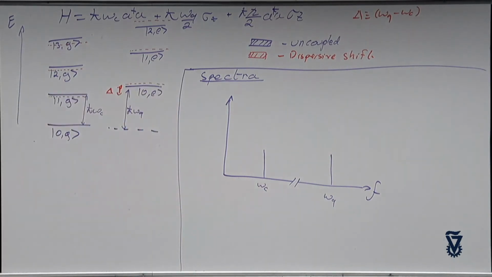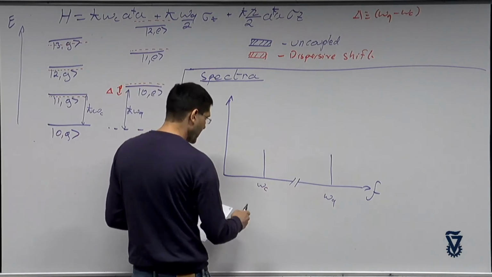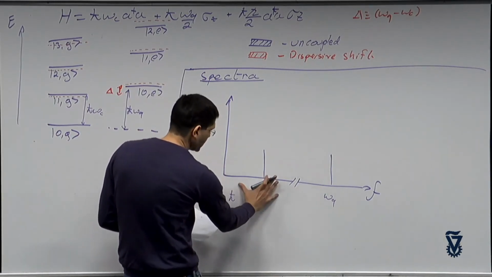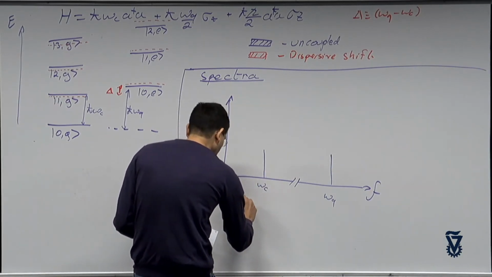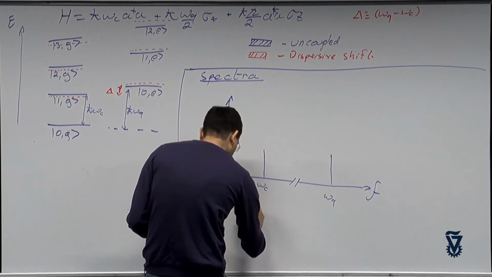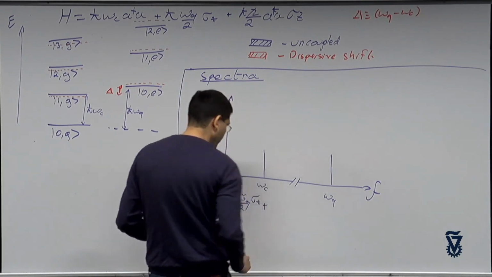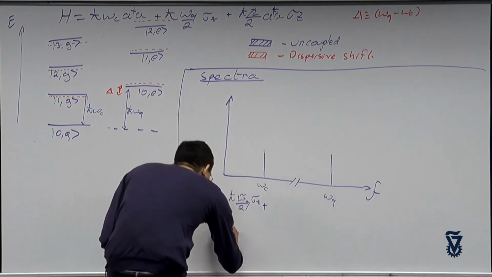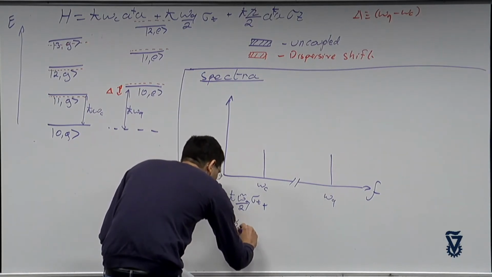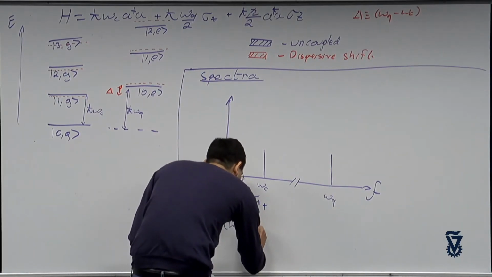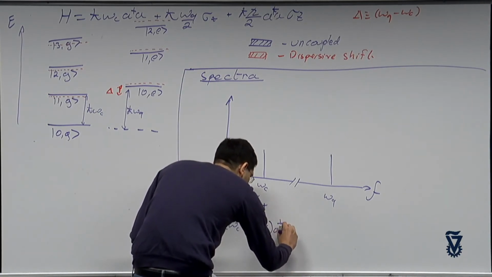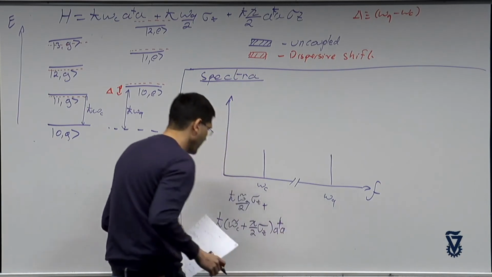I'm going to rewrite the Hamiltonian in a slightly different way. I'm going to look at this part now, and write h bar omega q tilde sigma z over 2, plus, all I'm doing is rearranging the terms, (omega c tilde plus chi over 2 sigma z) a dagger a.